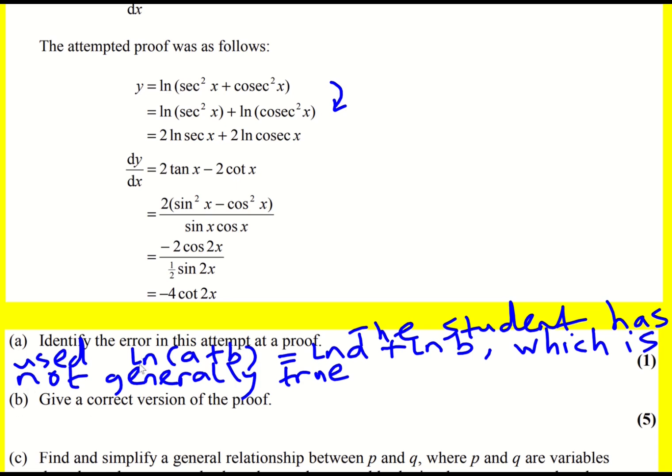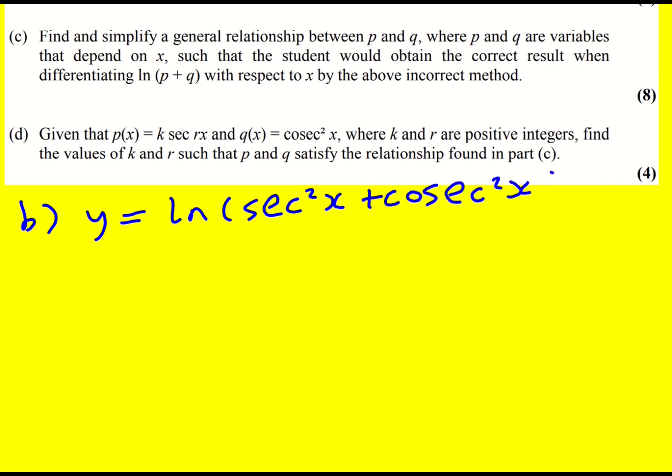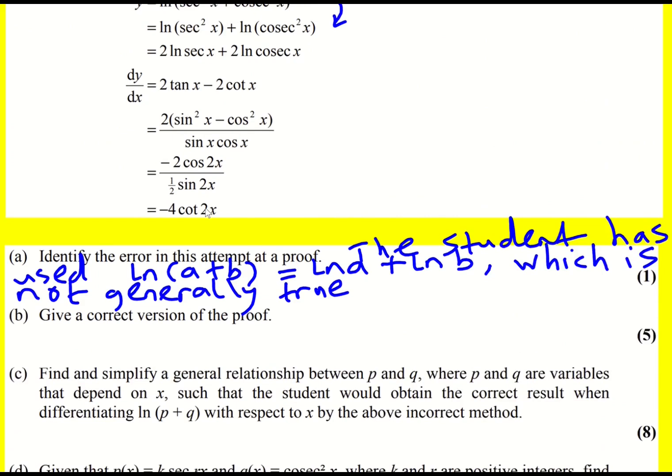We're asked in part B to give a correct version of the proof. So we're starting with this, and we're trying to get to minus 4 cot 2x. So this is part B. Now you've got to be a little bit careful here because, I've got to be honest, when I did this, I did get an answer, but I couldn't simplify it to minus 4 cot 2x.